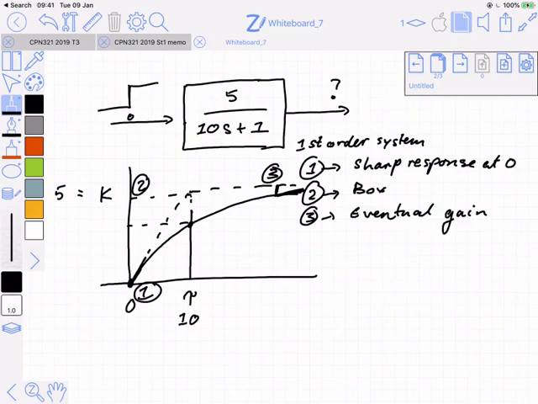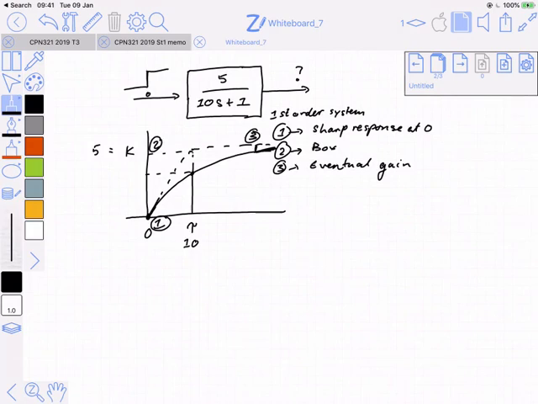So maybe I give you something like a step response, but probably not. Probably I want you to understand that the same question can be asked for other kinds of inputs.